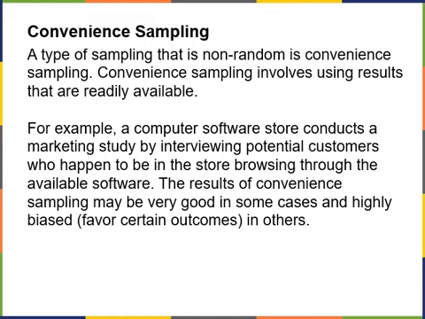Different type of shopper, potentially. And so if we're looking at characteristics of shoppers, you're definitely going to have a different result by looking at one type of shopper versus another. And so convenience sampling can be somewhat biased in that regard. It's not random. Okay? Just something to keep in mind.